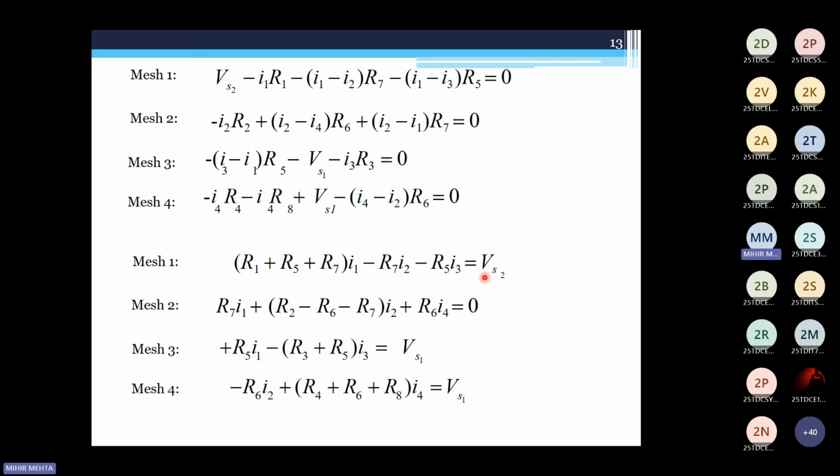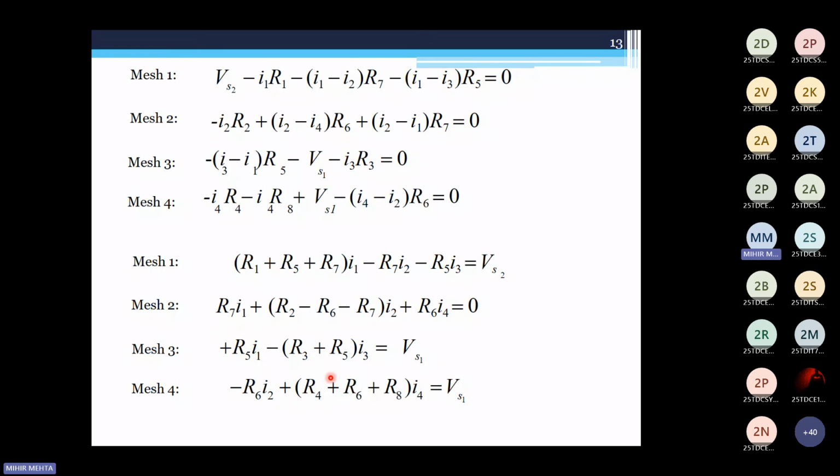So just have a look at this. This is how your equations would be formed. Please go through the equations. It's simply opening up the brackets and stacking the I1, I2, I3, I4 quantities together.